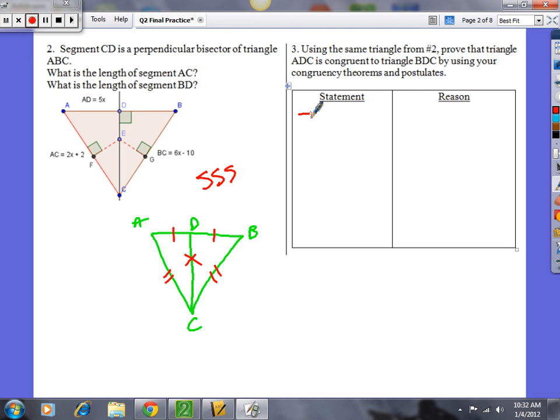So here we go. Statement number 1. I'm going to use AD is congruent to BD. The reason for that is D is on the perpendicular bisector of segment AB.